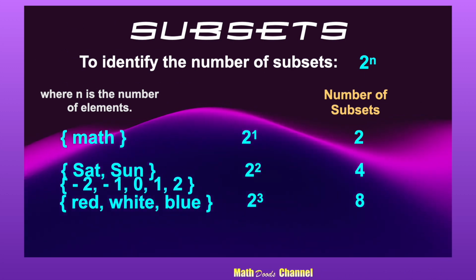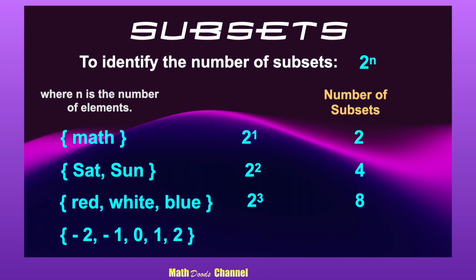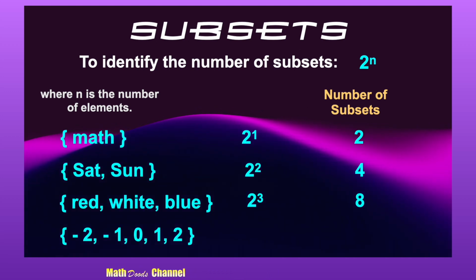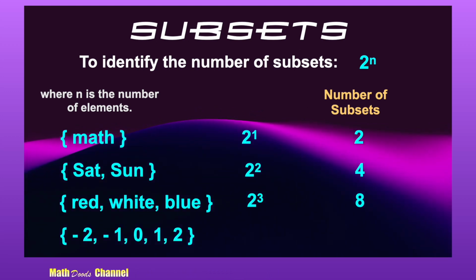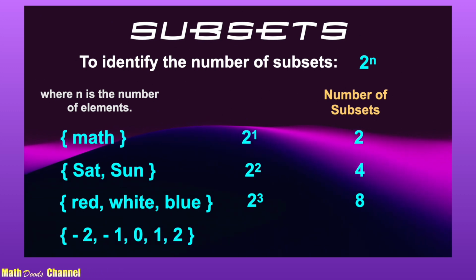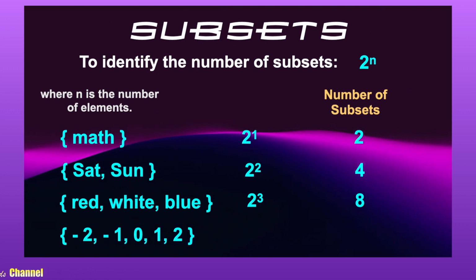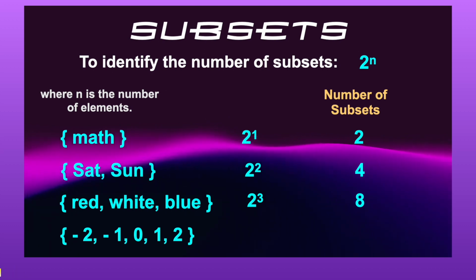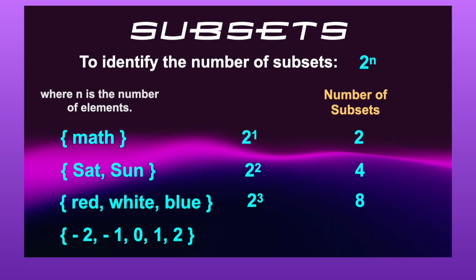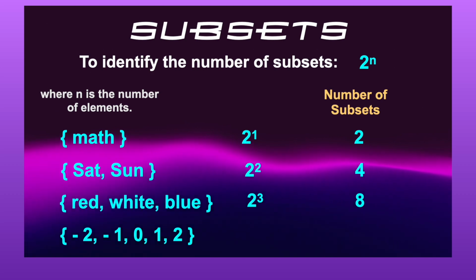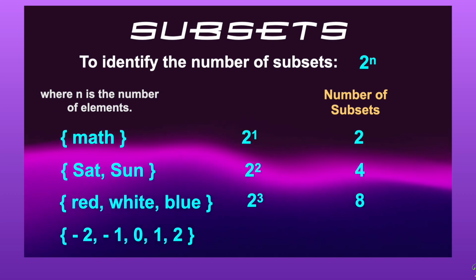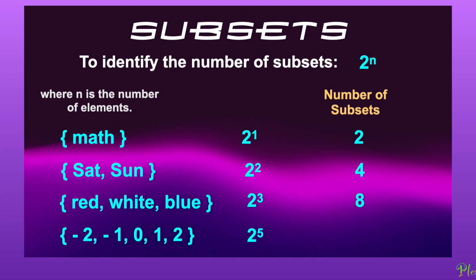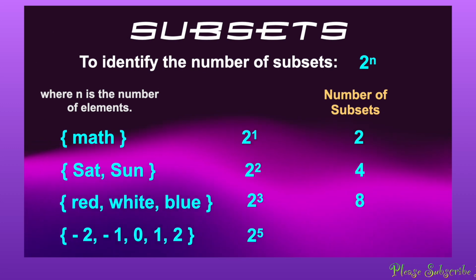Now, how many subsets are there in this set containing the elements -2, -1, 0, 1, and 2? So the guide is 2 to the 5th power, because there are 5 elements, so the exponent is 5.